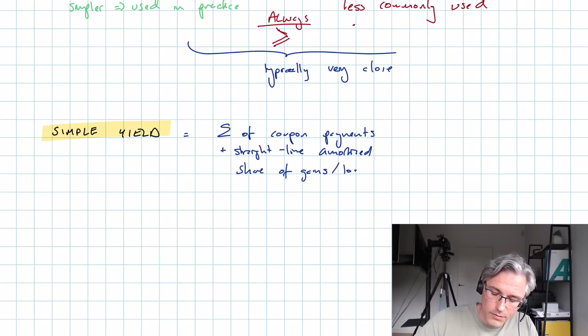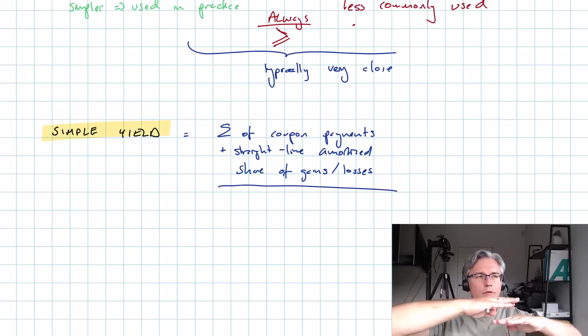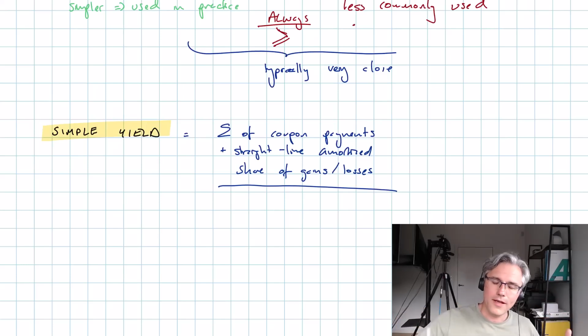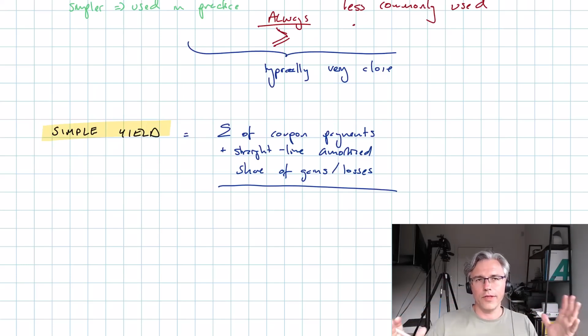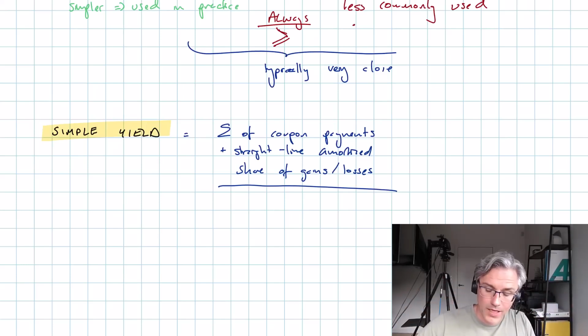I guess coming from the fact that you may buy a bond at a premium or a discount, and that premium or discount amortizes away. So on a straight line basis, you can compute how much of it has already amortized, and you relate this to the flat price. That's the definition of a simple yield.